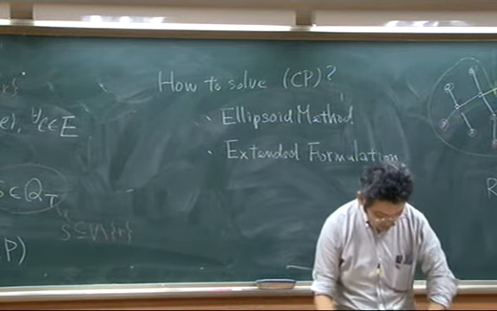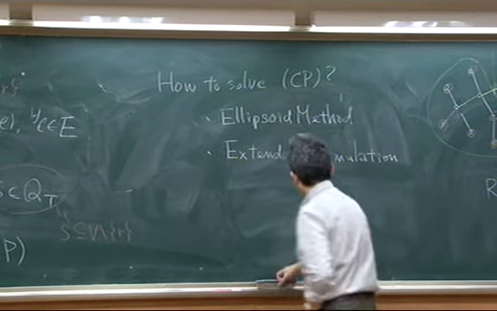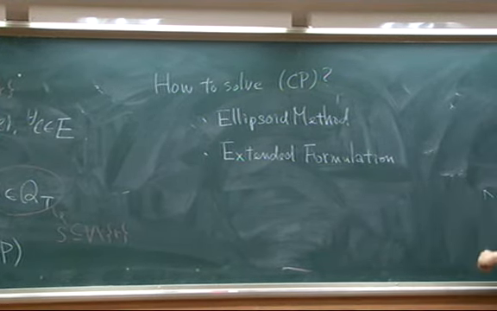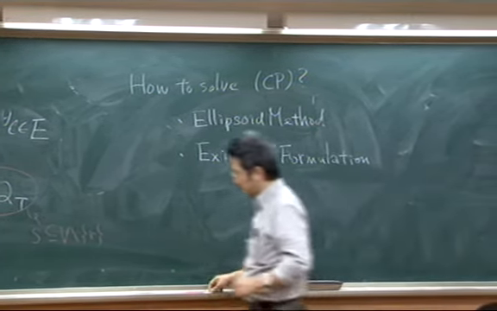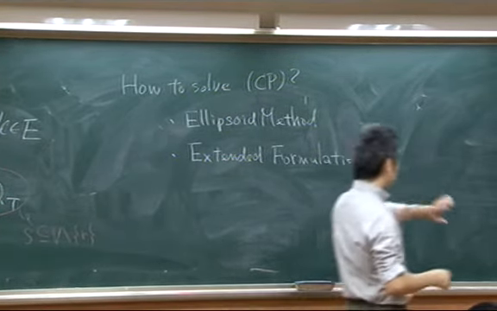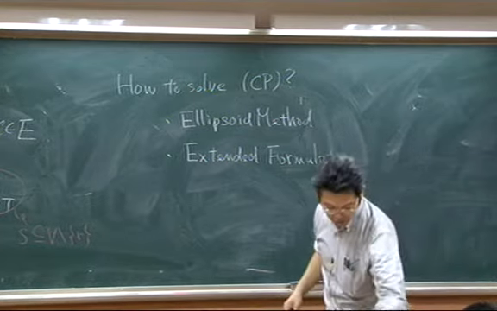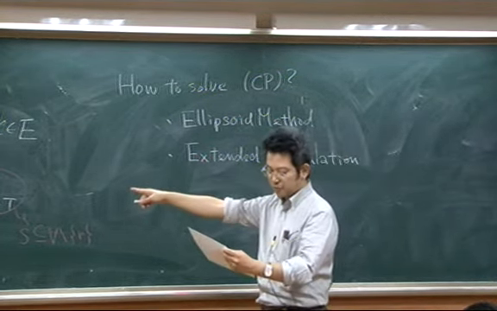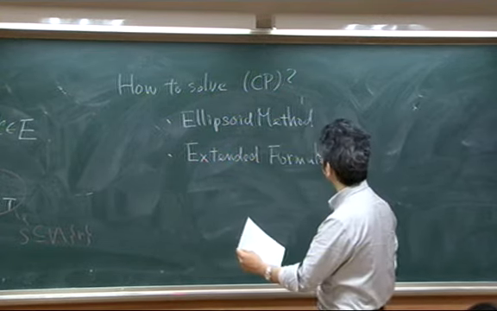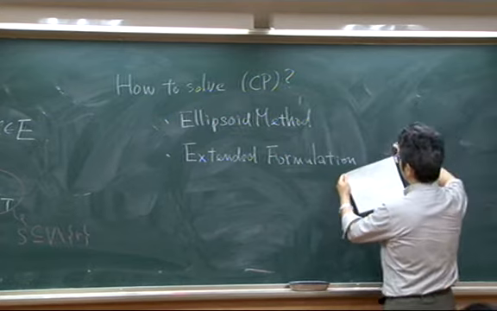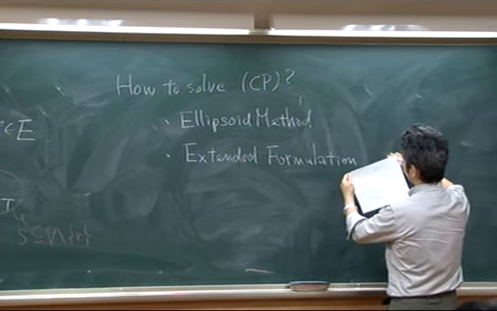And furthermore, this solution has a good property, or actually, I can ensure that it has an optimal solution that has a good property. So what is this good property?